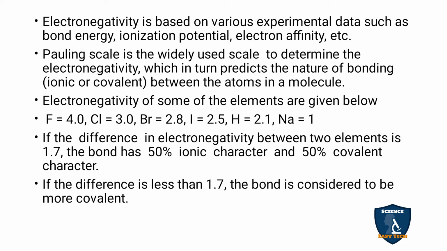If the difference is less than 1.7, the bond is considered more covalent. There will be weaker ionic character, but the bonding is mostly covalent.